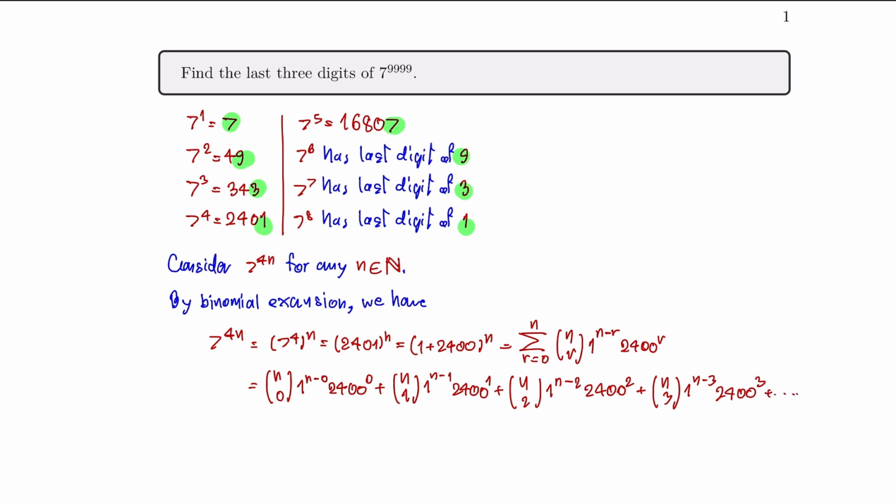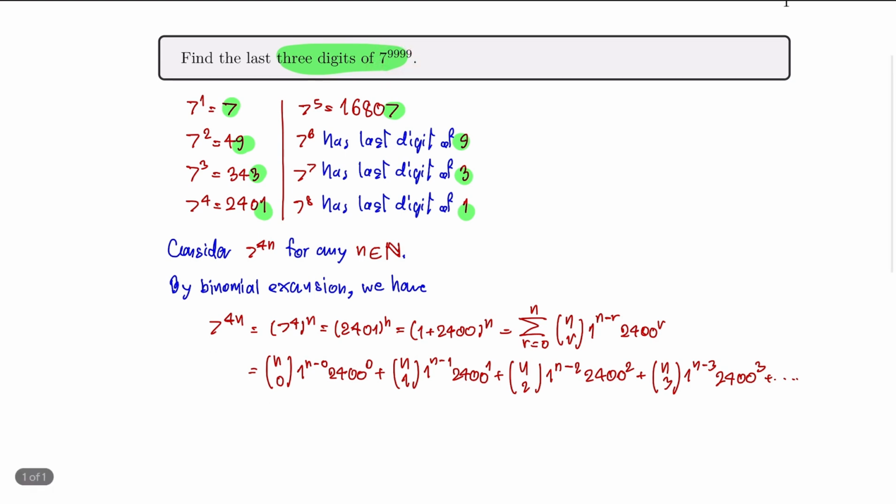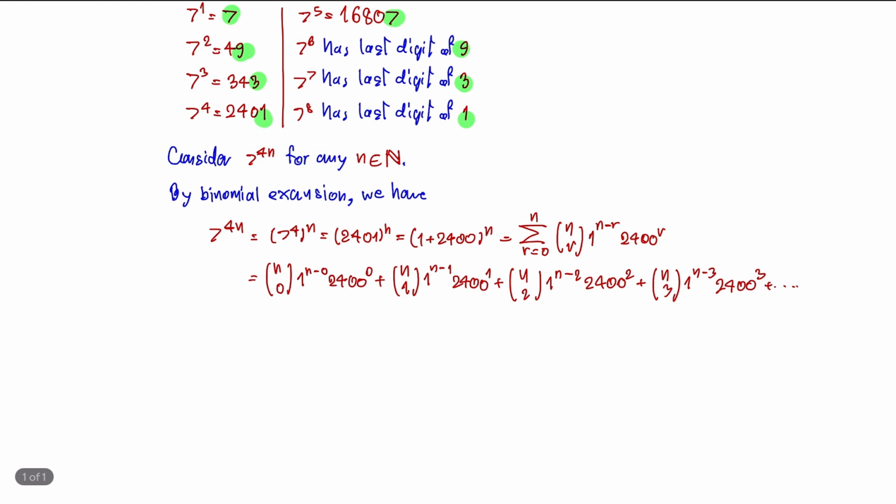Don't forget that we only have to look at the last 3 digits. This means we don't have to calculate 7 raised to the power of 9999.